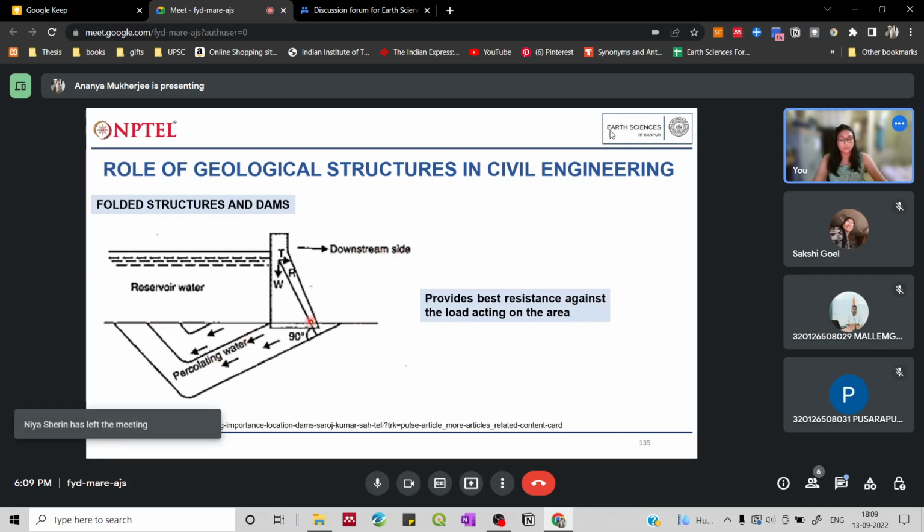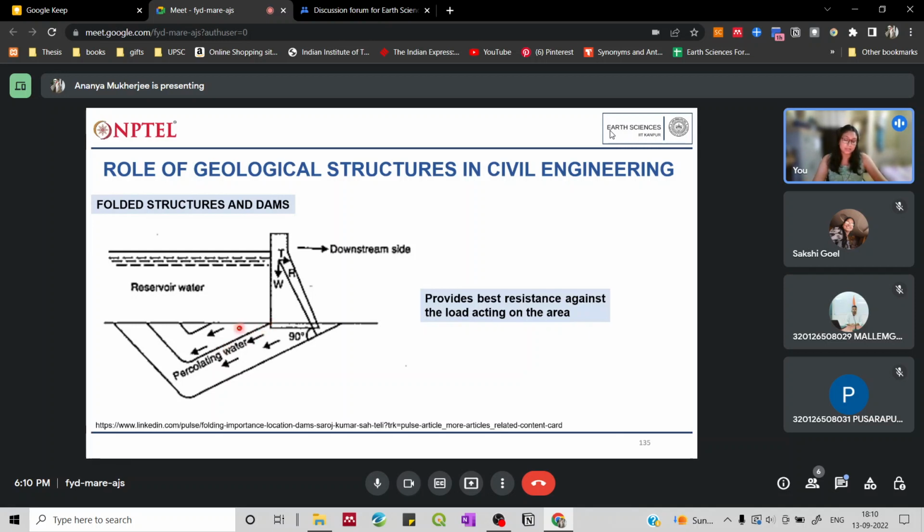So now we can see that suppose there is some seepage, okay, due to the reservoir water over here, okay. So the water will start seeping through these bedding planes, okay. These planes are actually planes of weakness, okay.